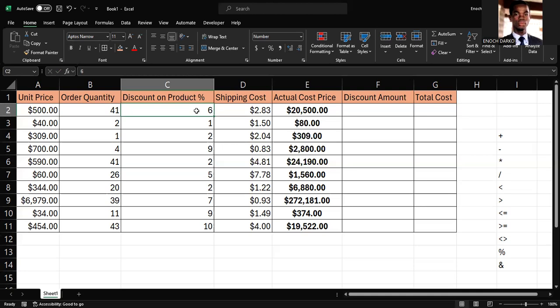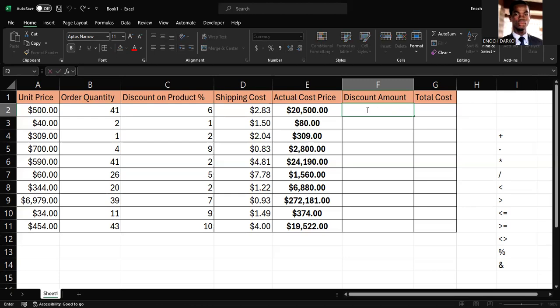We'll use our normal way of calculating. So I'll introduce my equal to sign. Then I will type the cell. We know we are supposed to multiply it by 6%. 6%, we have to divide it by 100. Because this cell has not been formatted in percentages, we have to divide it.